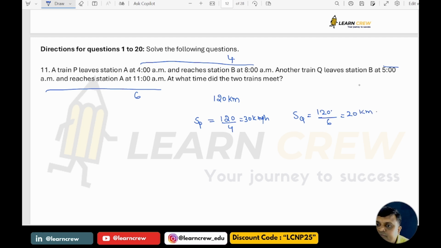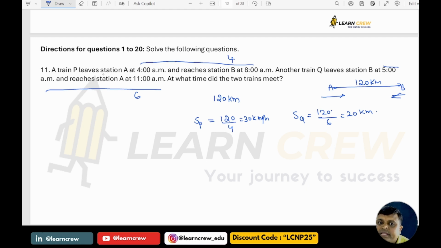So, it started from A, this is 120 kilometers. This is A, this is B. Now, both are moving in opposite directions. So, how much time will it take? Please observe here.